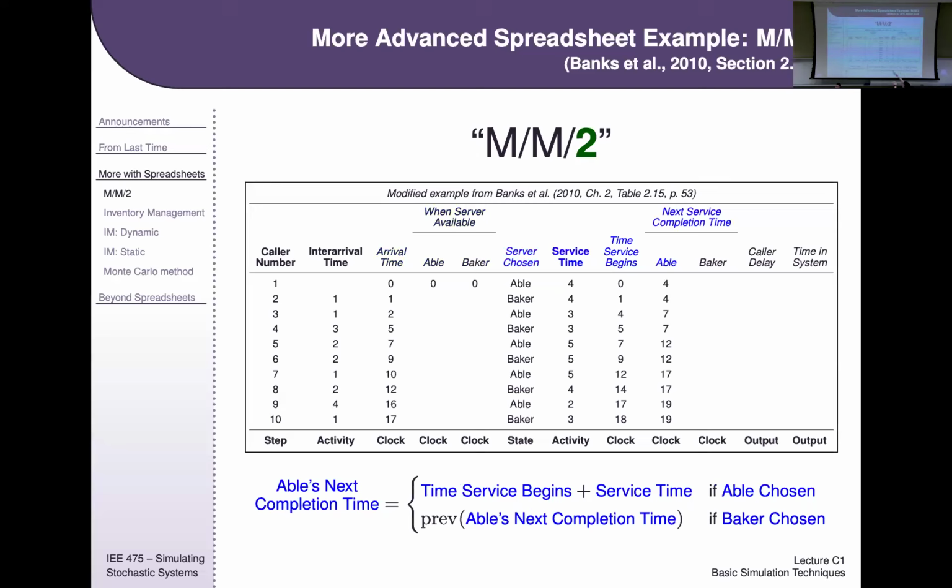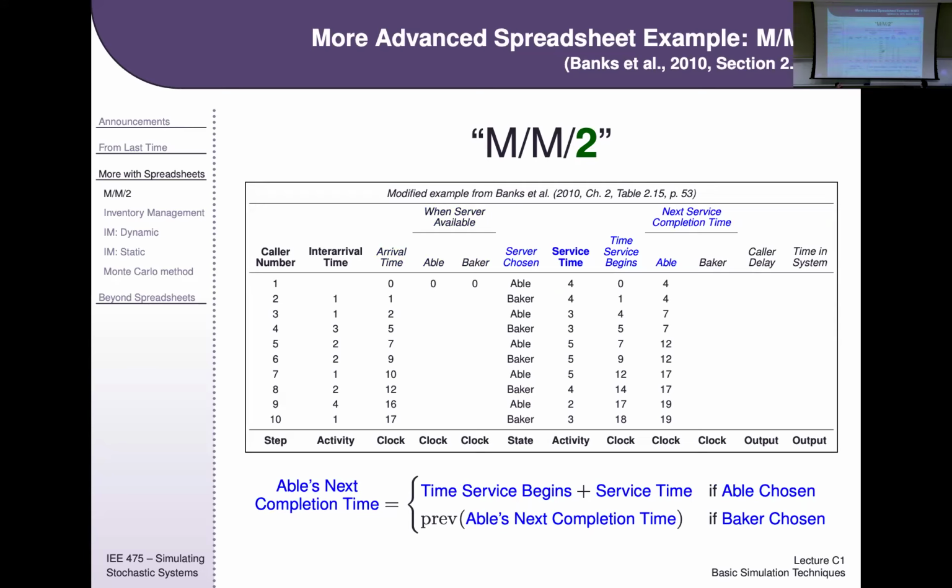Again, we'll eventually come back to when the server's available, but we end up having to calculate this stuff first before we can go back to when the server is available. So at the next completion time, we now have enough information to write down that relationship.